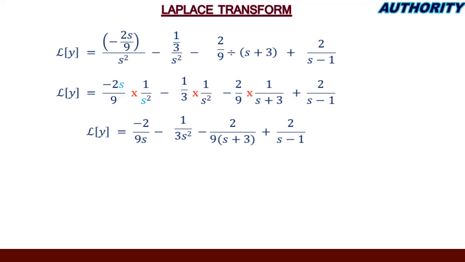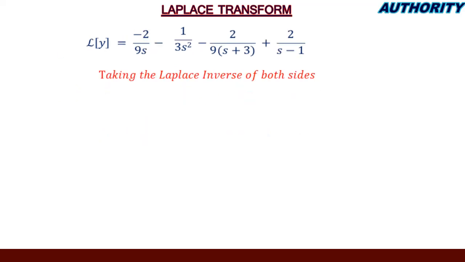So what do we do? We remove this Laplace of y by taking the Laplace inverse. We are going to take the Laplace inverse of both sides, and then their individual Laplace inverse.